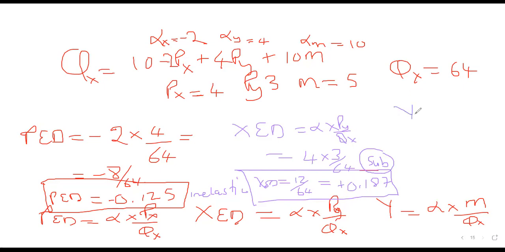Then finally, income elasticity of demand. So alpha times M over Q. The slope here is 10. The income there is 5 over 64. So here we have 50 over 64. What do we get?